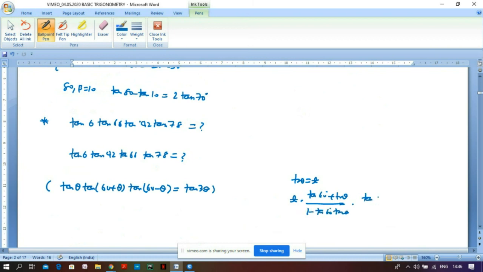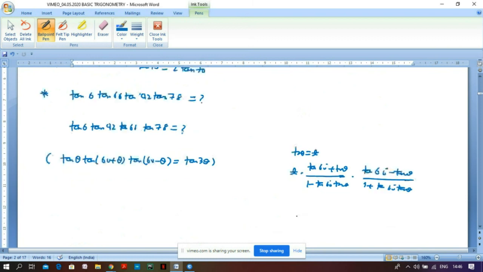And similarly, tan of (60 minus theta) is (tan 60 minus tan theta) upon (1 plus tan 60 degree times tan theta). And if you do the work, you will get t times (root 3 plus t) over (1 minus root 3 t) and (root 3 minus t) over (1 plus root 3 t).